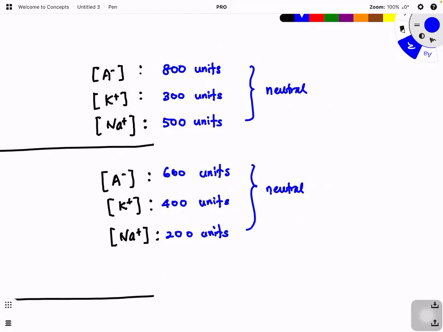Now in order to get to the resting potential, we depend on two mechanisms. We look at the first mechanism, which is the sodium potassium pump.